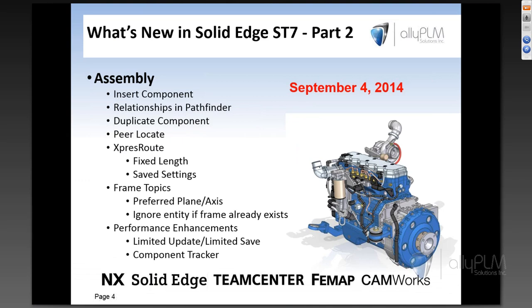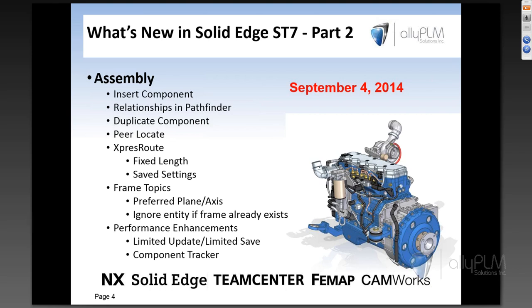So that's all I had for today. Here's kind of the agenda of what I'm going to cover in my Part 2 of What's New in Solid Edge ST7. We're going to be talking about the assembly environment, some new behaviors with the insert component command, relationships in Pathfinder. We also have a new command called duplicate component, which is pretty sweet to help speed up inserting components into your assembly.